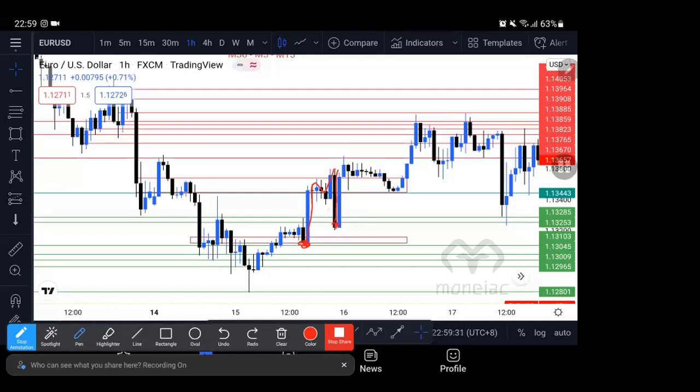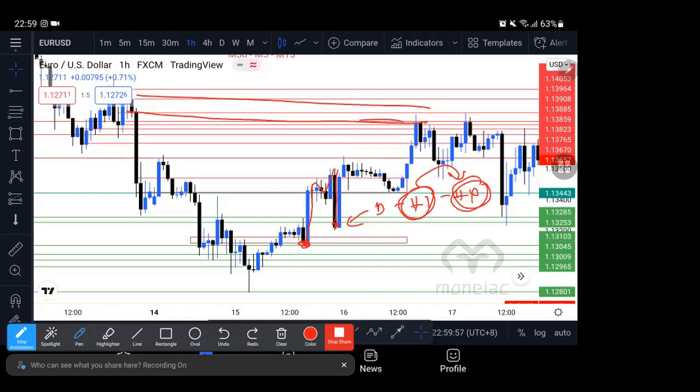So after entry at this, if we are using H1, so we entry at H1, just expect it to break the H4 again. The next H4 is around here. Maybe we can also view at higher, but if this one is available, this area, just use this one.